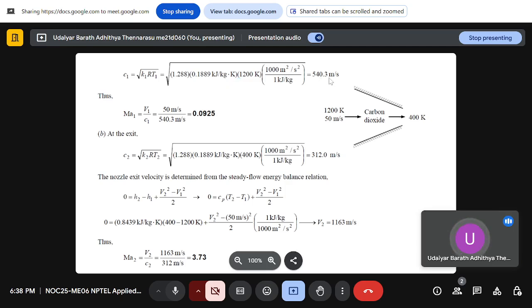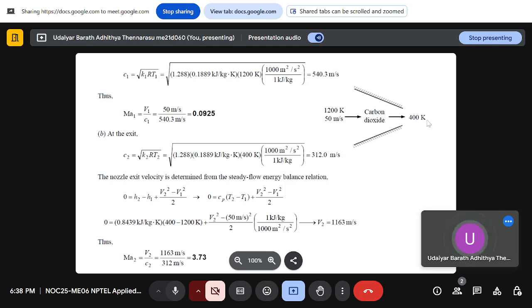So we get 540.3 meters per second. So that is the speed of sound at the inlet. So Mach number at the inlet will be velocity divided by the speed of sound. Velocity here is given as 50 meters per second. So 50 divided by 540.3 meters per second, which comes out to be 0.0925.